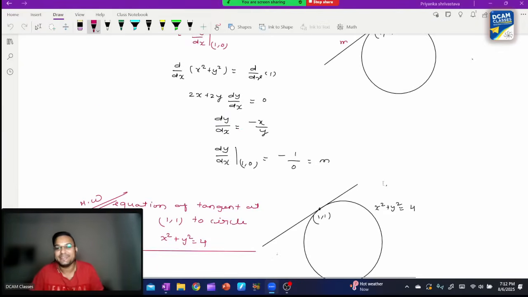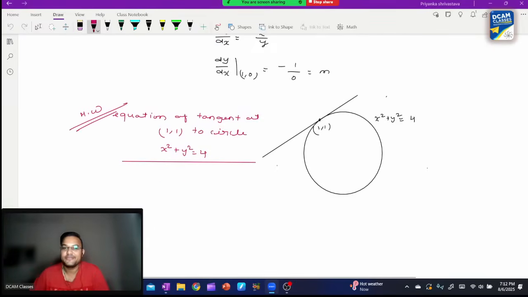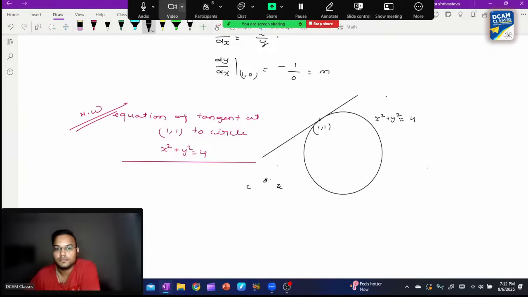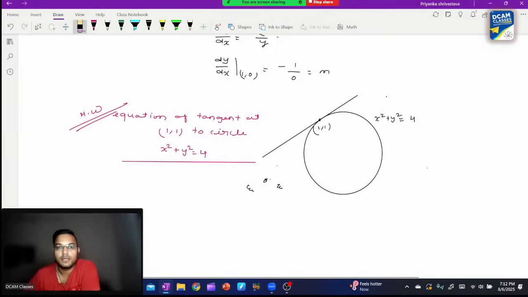It was supposed to be very easy. The equation of tangent you want, na? Start doing it. The equation of tangent we want, so we will try to find out its slope.